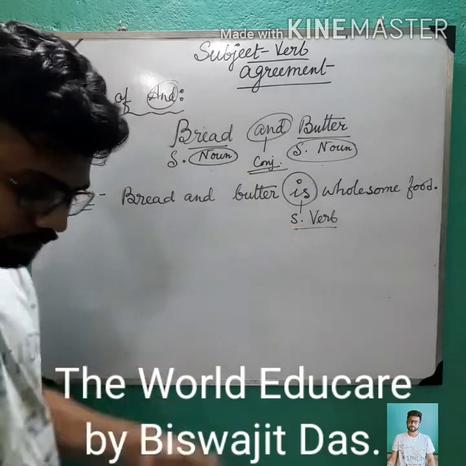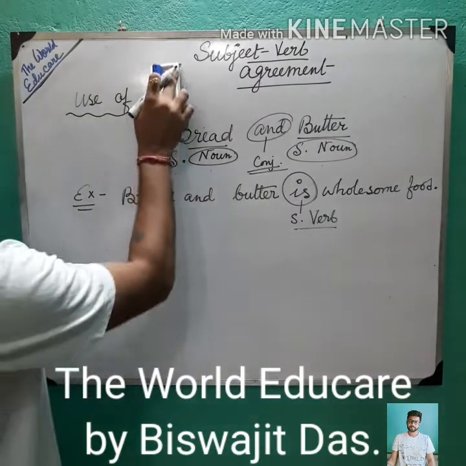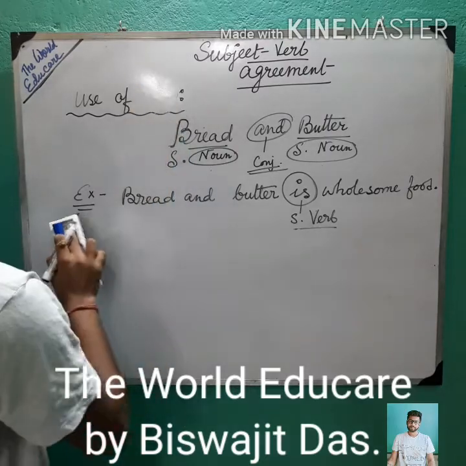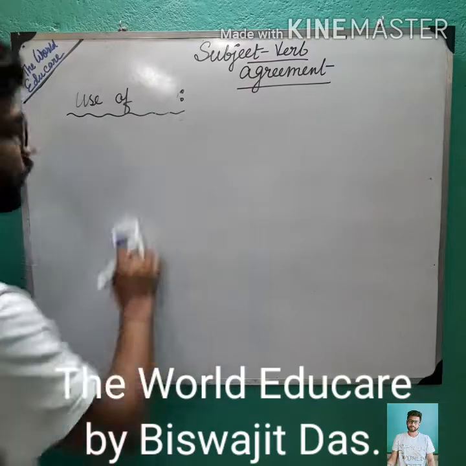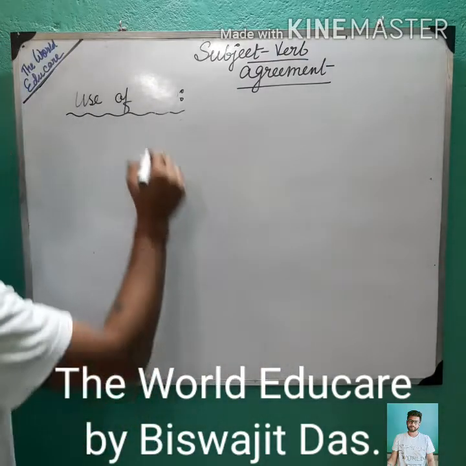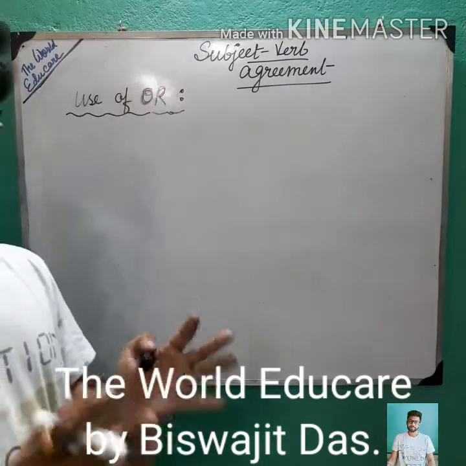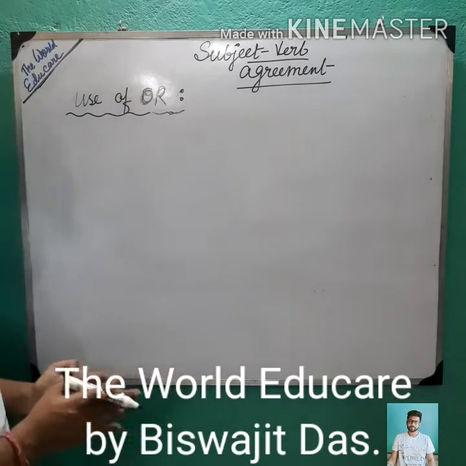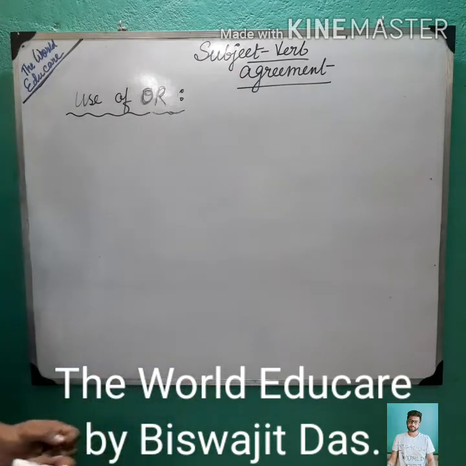Is that clear? Okay, the next point: use of "or". "Or" is also a conjunction, but unlike "and", it always gives a singular sense.